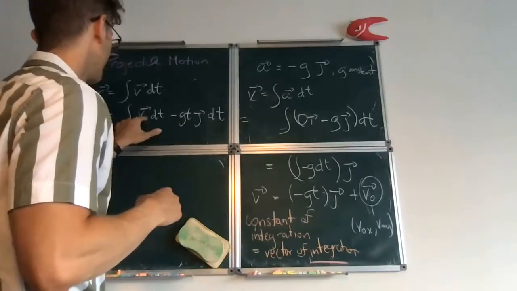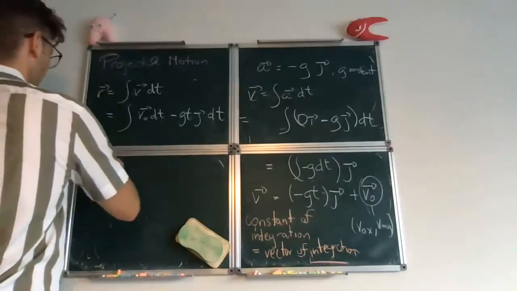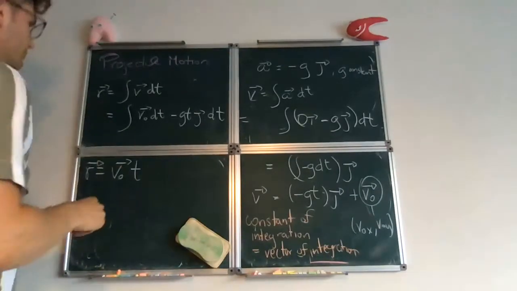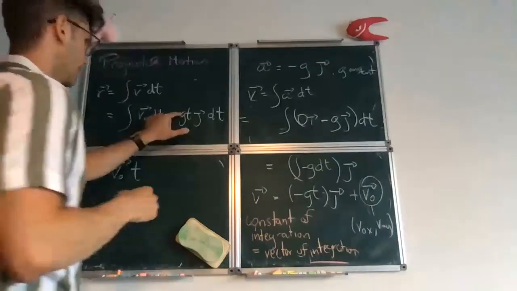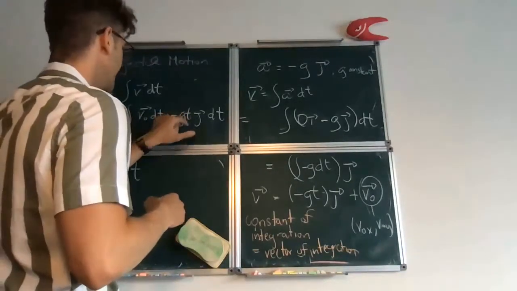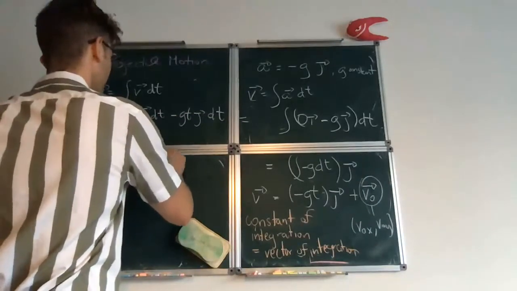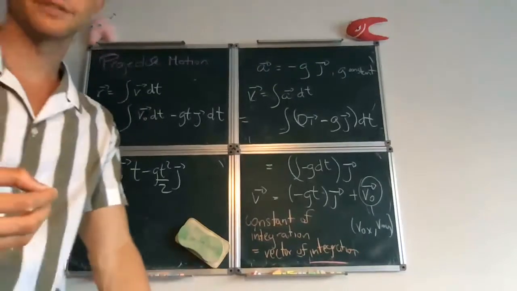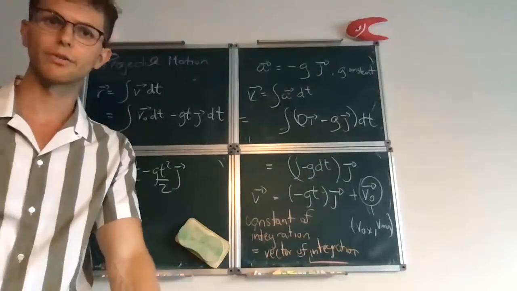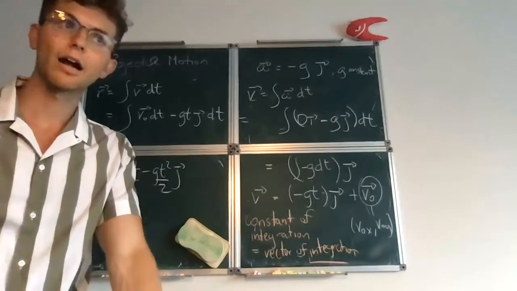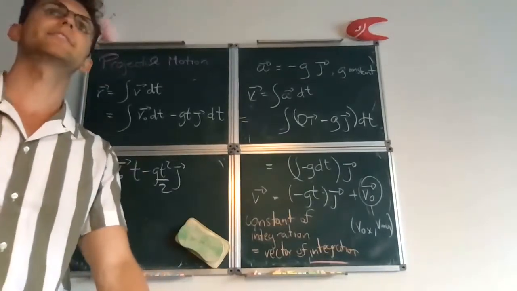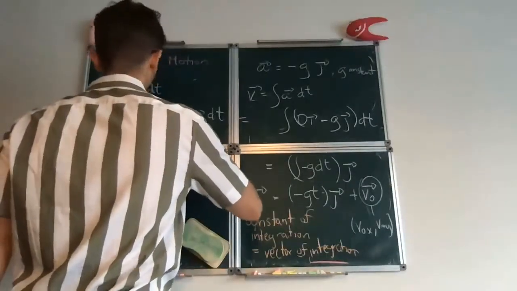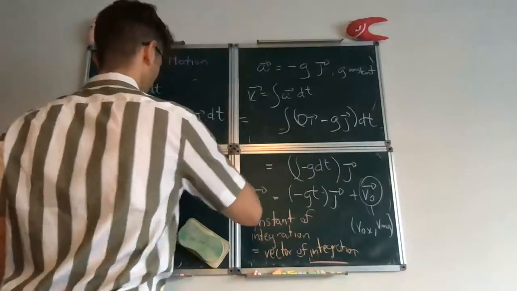So the integral of v0 dt is just v0t. The integral of minus gt is minus gt squared over 2 j. And similar to what happens when you do an ordinary integral, you add a constant of integration, but now remember the constant of integration is really a vector of integration. So you just add a vector of integration, which is r0.